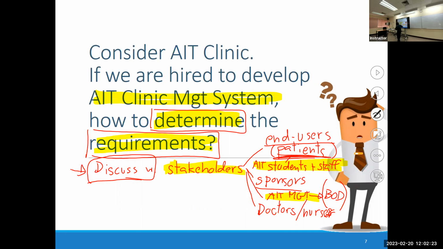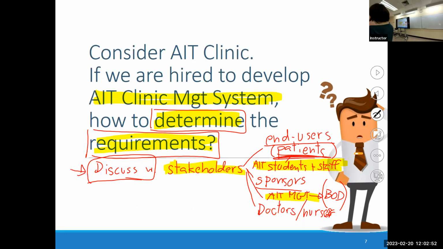How to determine this is one answer. Because you identify that we discuss with these people, and discuss means, what does it mean to discuss? You ask them to come sit together, buy them coffee. What do we do? We ask them about the work.